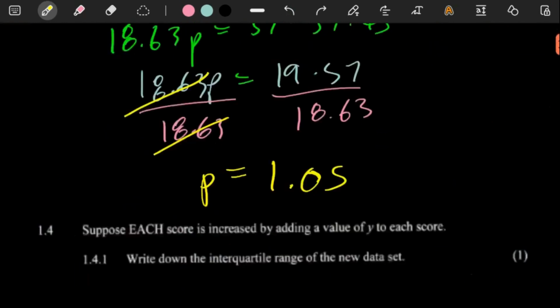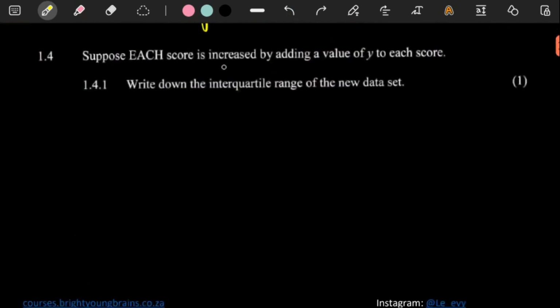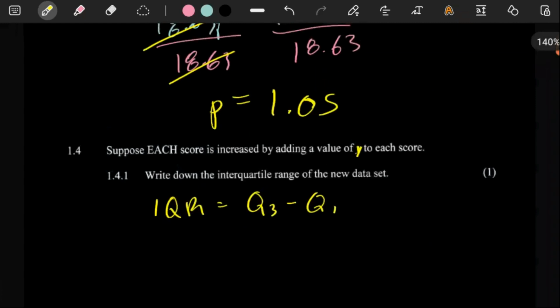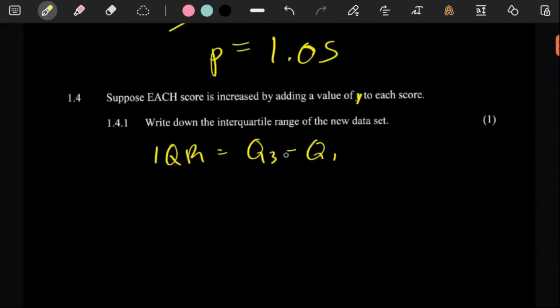So move on. Let's see. Suppose each score is increased by adding a value of y to each score. Write down the interquartile range of the new data set. So remember, your interquartile range is always equal to Q3 minus Q1. So they said everything is increased by a value of y. So remember, everything moves up y units.